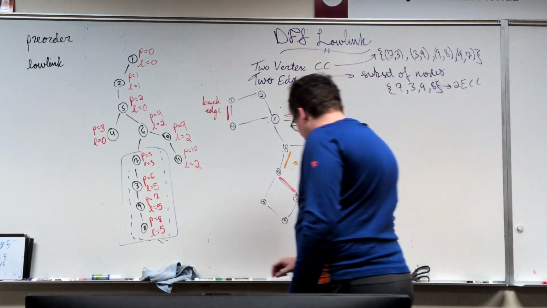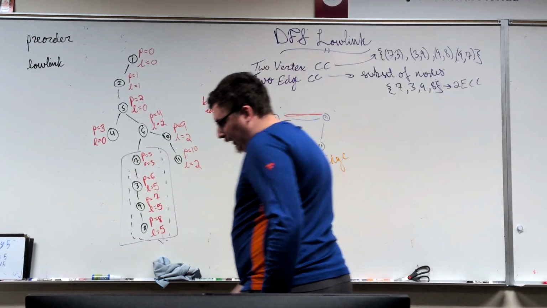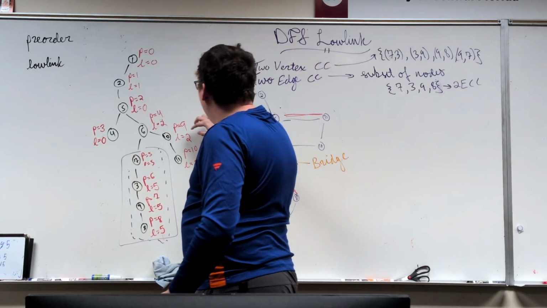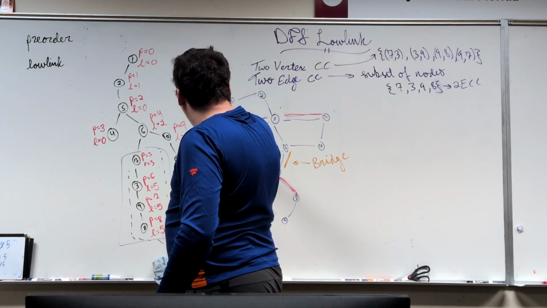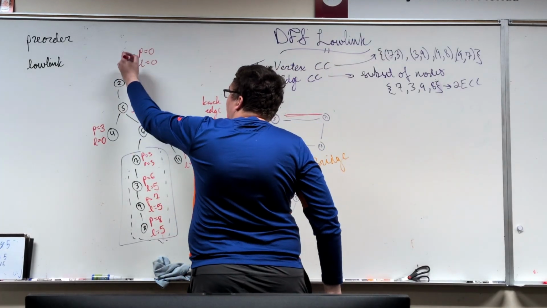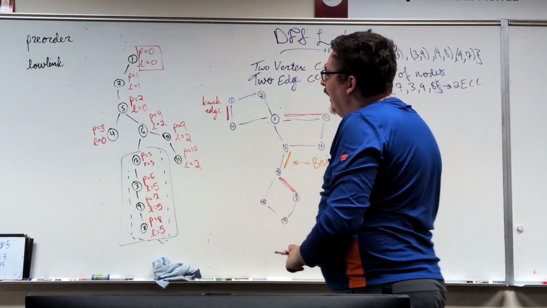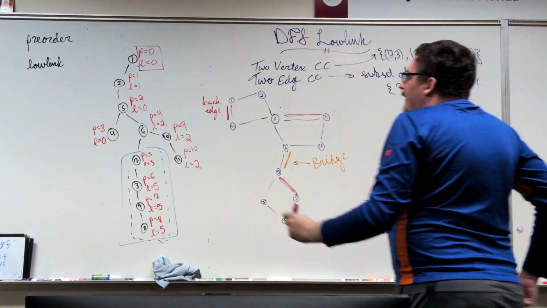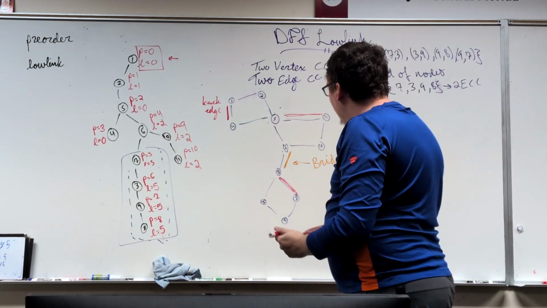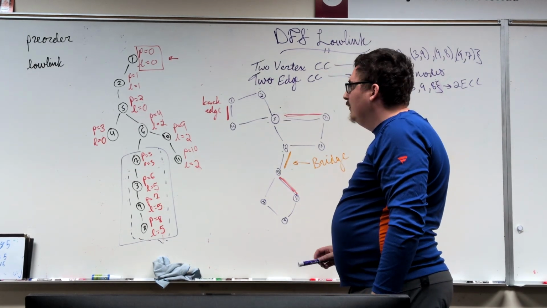So now, as we update our low links going up, we don't see another case of pre-order and low link equaling each other until node 1. There's node 2, you haven't updated the low link.